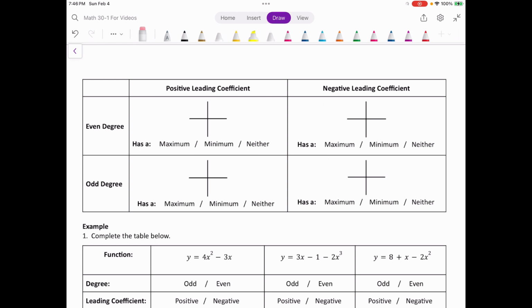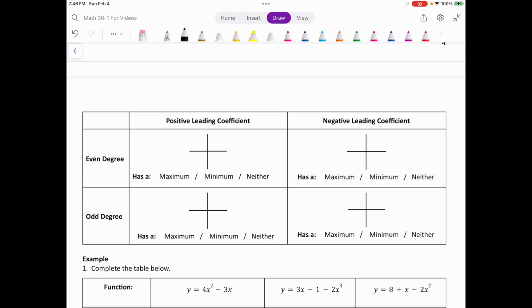Let's just break this down. Positive leading coefficient, do you remember what that tells us? What do we know about the end behavior of the graph? Right, it tells us that the right arm goes up, okay? Now, that is not really the proper terminology here.